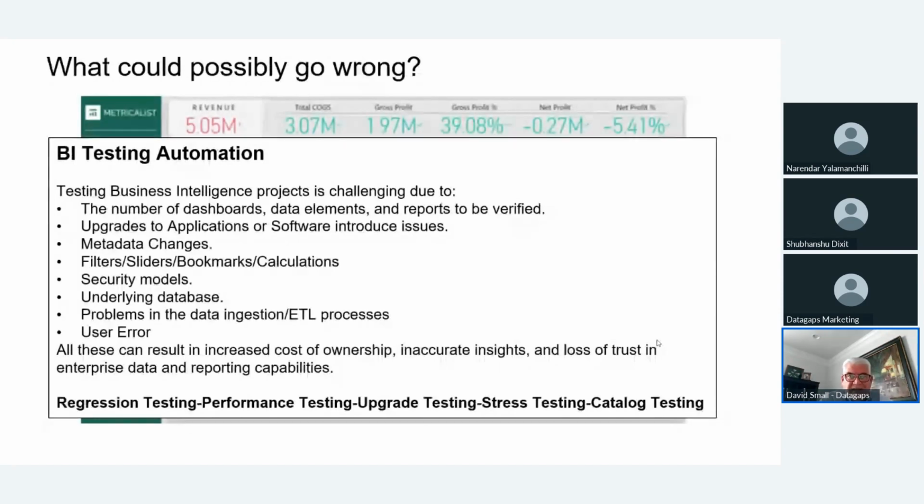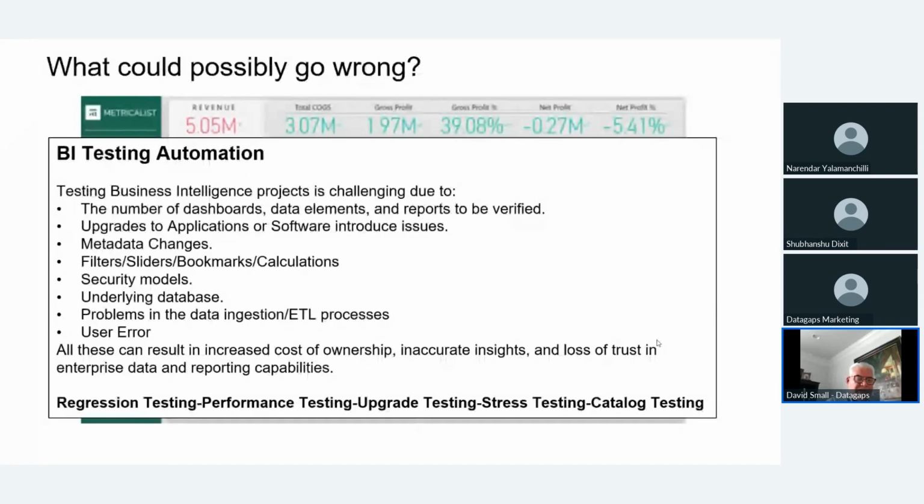Changes in the metadata trickle down into your data analytics platform and cause problems at times. Changes in the underlying database or changes in your ETL process, all of these things have to work properly and consistently to be able to provide information and for you to apply data analytics to it.